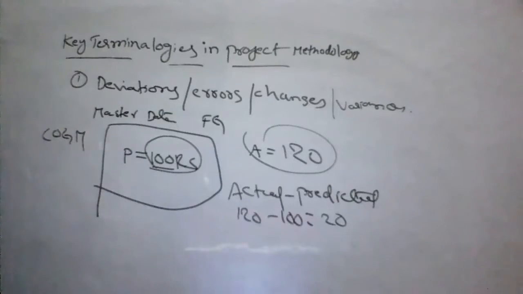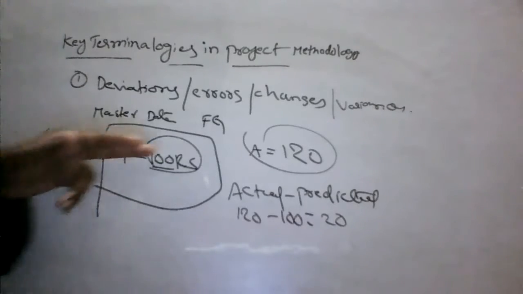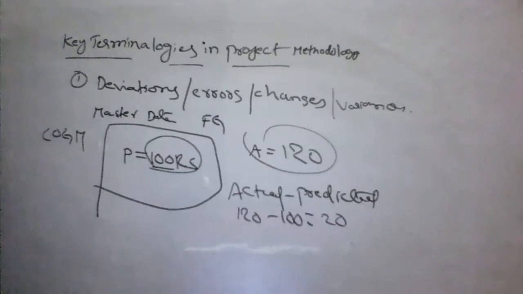I can easily find out this 20 rupees error or change is impacting my production cost, which I can understand by simple math like this, comparing the standard and actuals. These are some of the deviations or changes you have to observe in your project methodologies or project success.